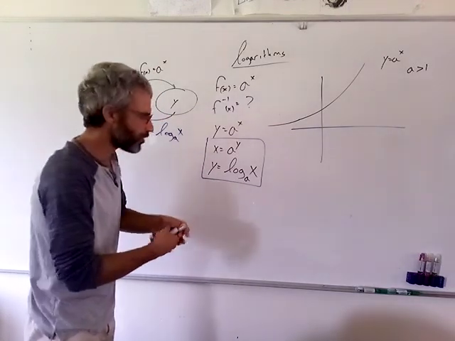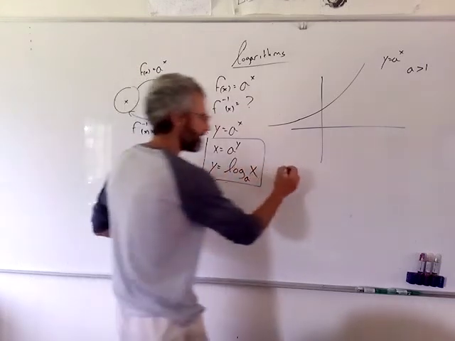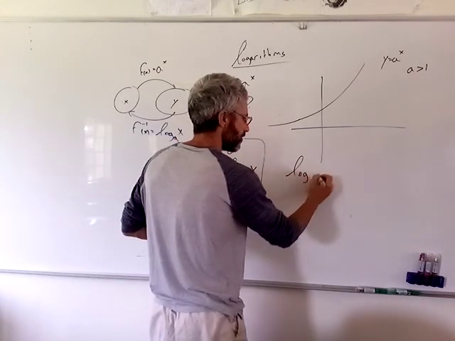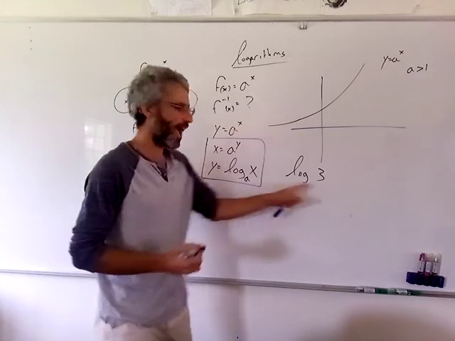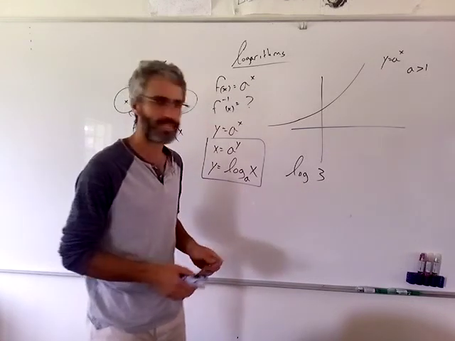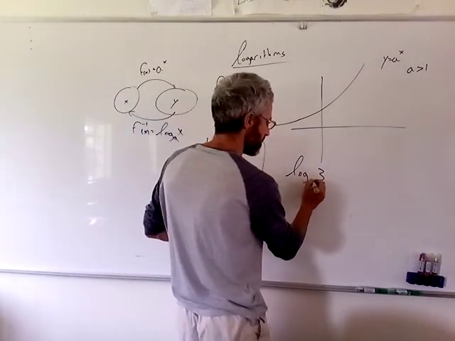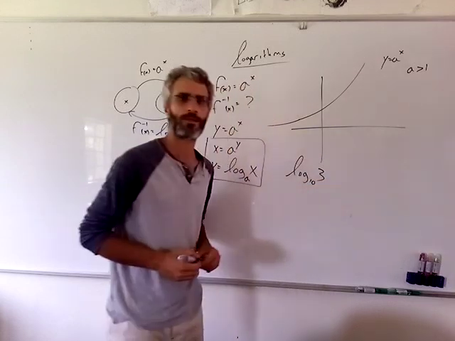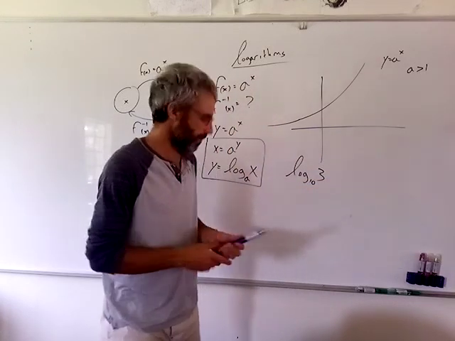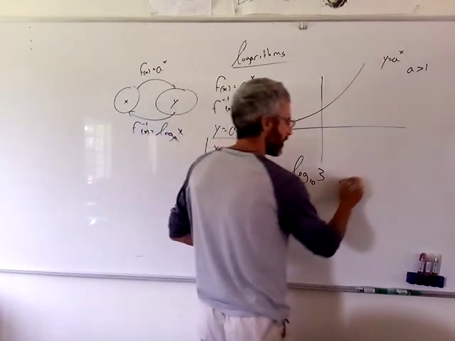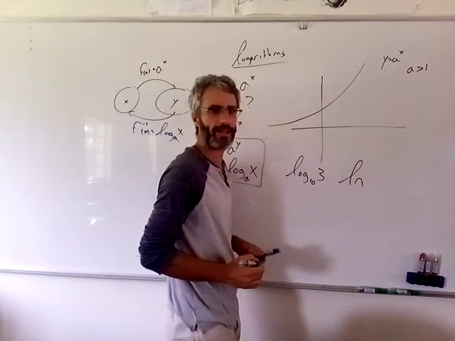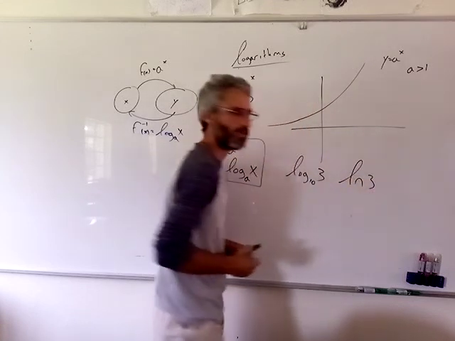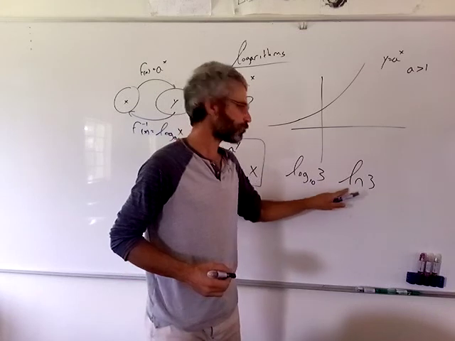Just a few notations here. If I have log 3 and I didn't write any base, then that really means that the base is 10. I can already mention now, sometimes you'll see the letters ln, let's say ln 3. This is the natural logarithm.